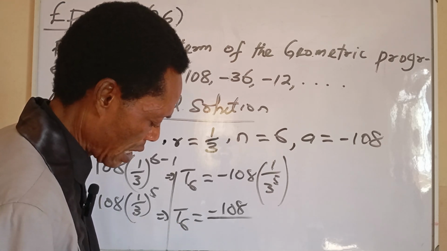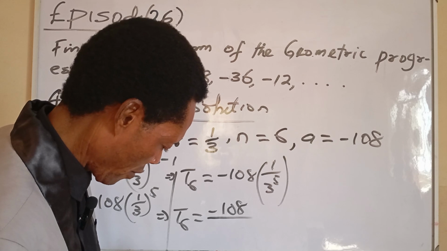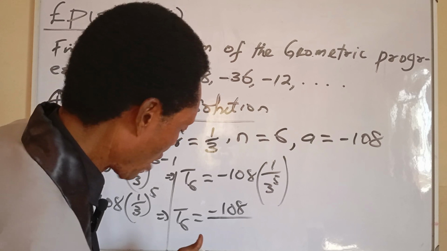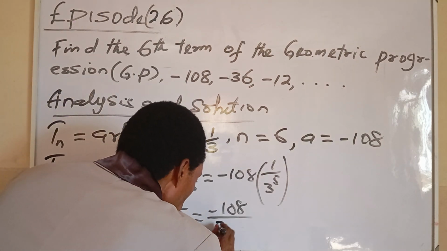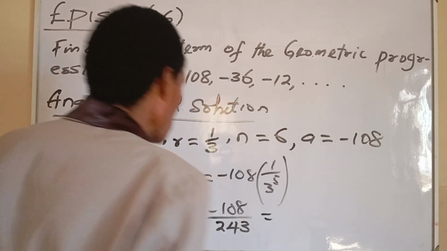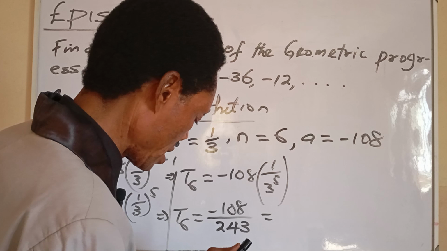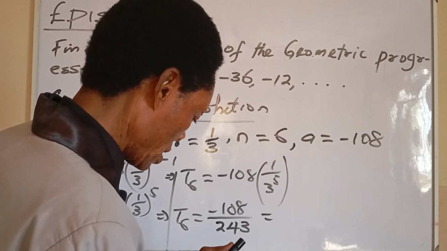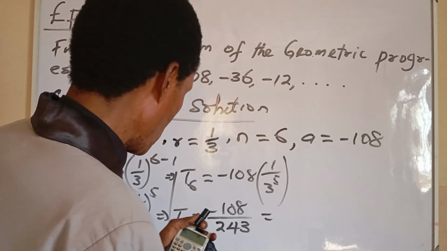Let's see what we can get there. 3 raised to the power of 5, what do you get? I have 243. So here we have 2, 4, 3.